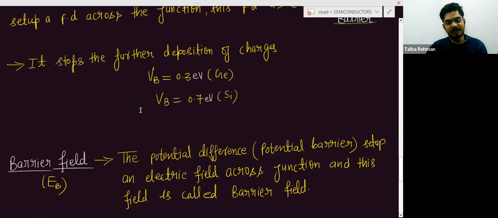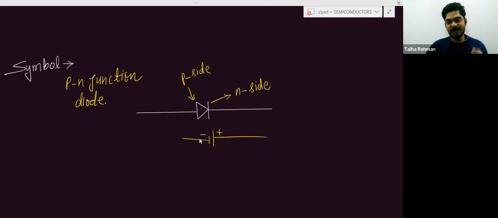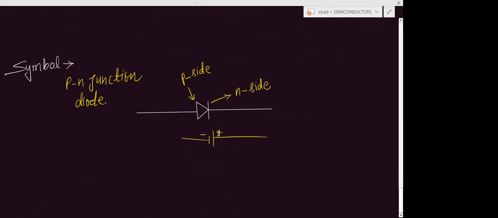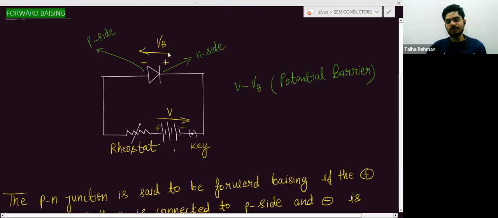So how I showed the diode: this is negative and this is positive. P side negative, N side positive. The direction of the potential we have taken from positive to negative, so this is positive potential to negative potential.